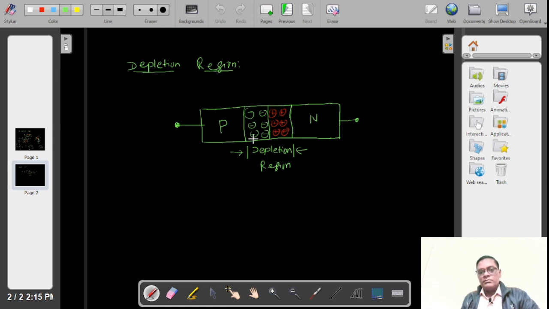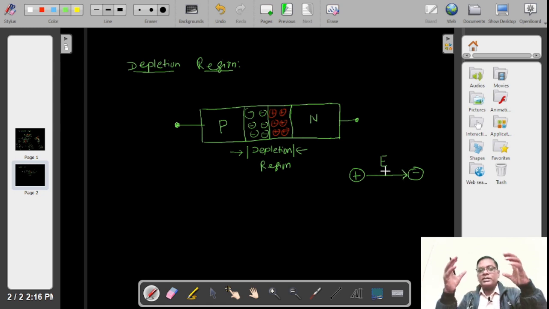Now, suppose we have positive ions and negative ions. Once these two ions are very close to one another, there will be formation of an electric field, from the positive ion to the negative ion.